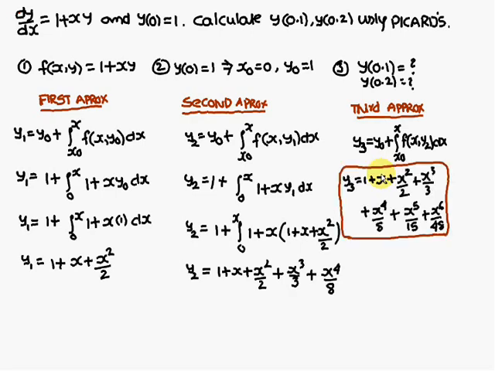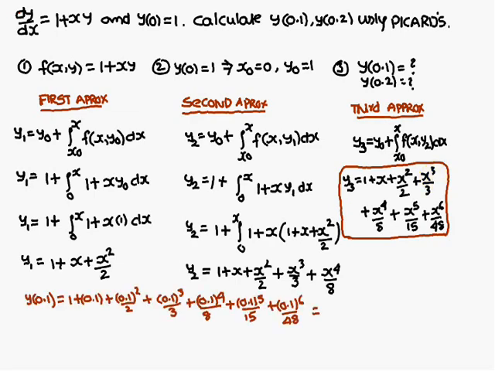Similarly, if you do the third approximation, you get y3 like this. The fourth approximation would be very lengthy, so we stop the approximation at the third and go for finding the values. Therefore, for y of 0.1, wherever you come across x in the third approximation, write 0.1 and simplify, and you get 1.10534.